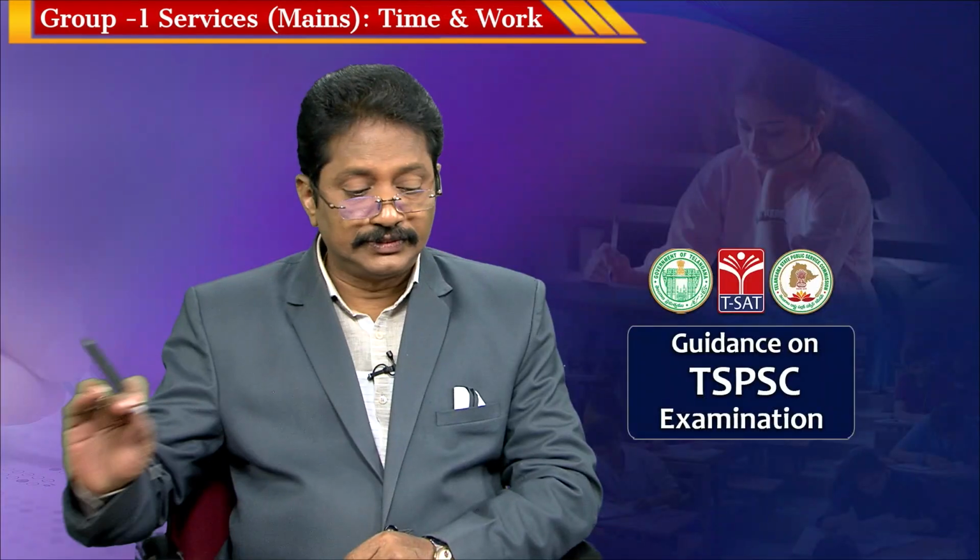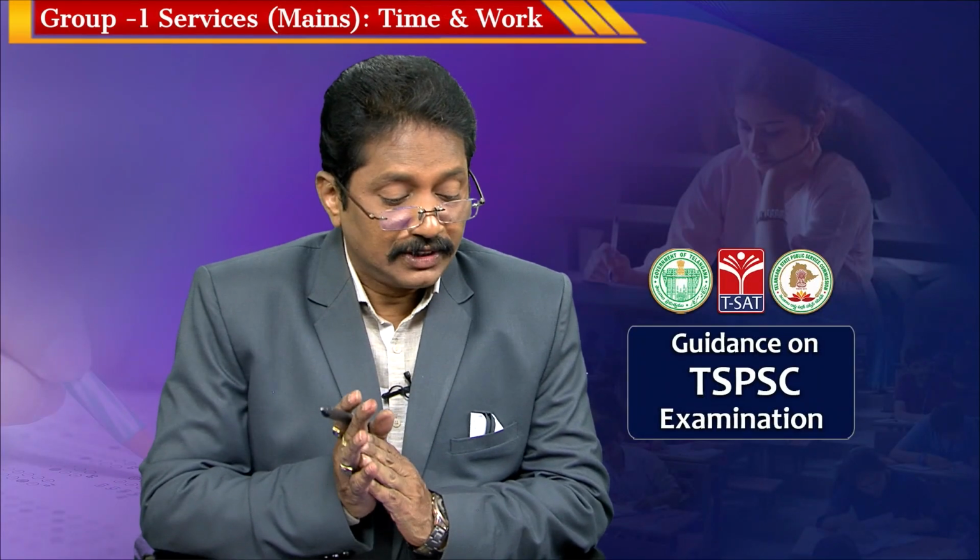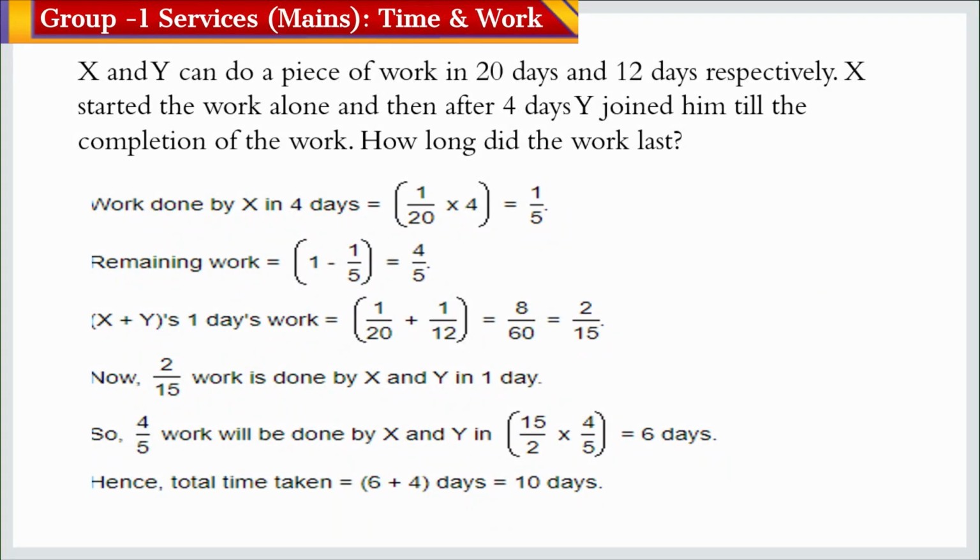Now, see one more question here. X and Y can do a piece of work in 20 days and 12 days respectively. So, X's work in 1 day is 1 by 20 and Y's work is 1 by 12. X started the work alone, then after 4 days Y joined him to complete the work.